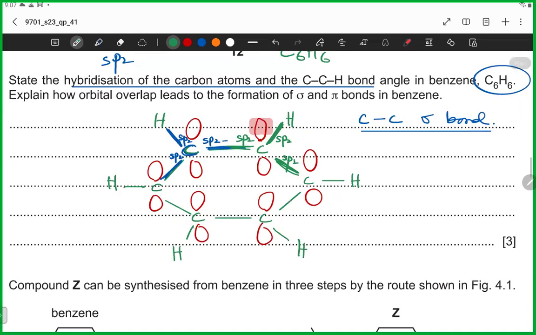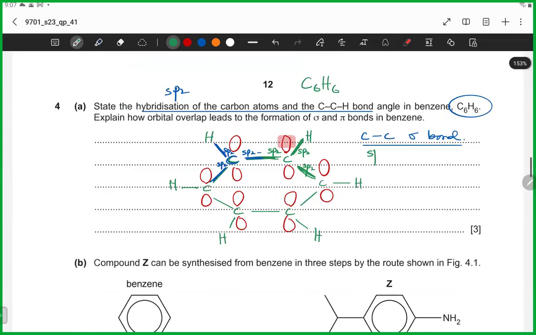So the carbon carbon sigma bond is formed when you have an sp2 overlapping end-to-end overlap। ठीक है, sigma is when they form an end-to-end overlap। ठीक है, is this clear?